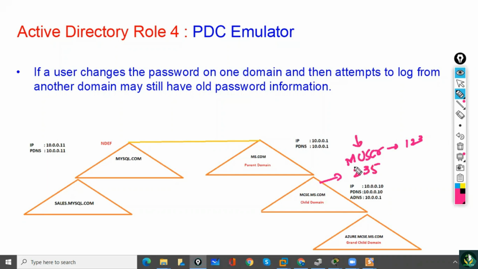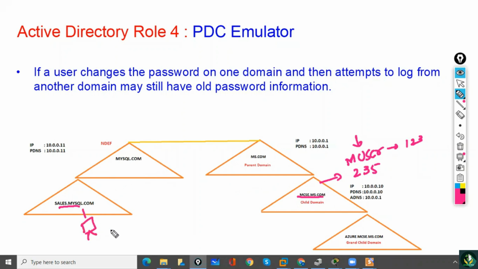So this user has changed its password and it tries to log on in sales.mysql.com. So guys, they are the part of same forest, so they can log on to any computer in any domain. So this M user wants to log on. This user belongs to mcsc.ms.com, but he wants to log on to a computer in sales.mysql.com.